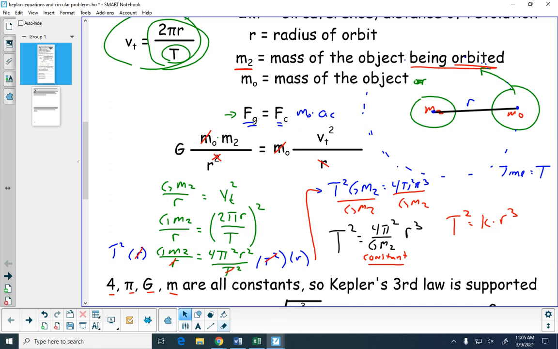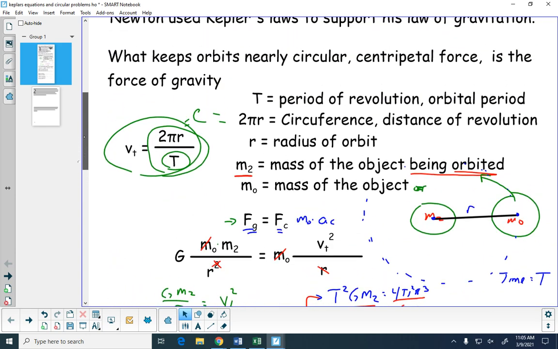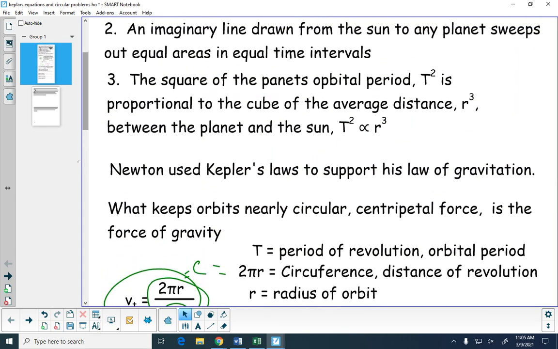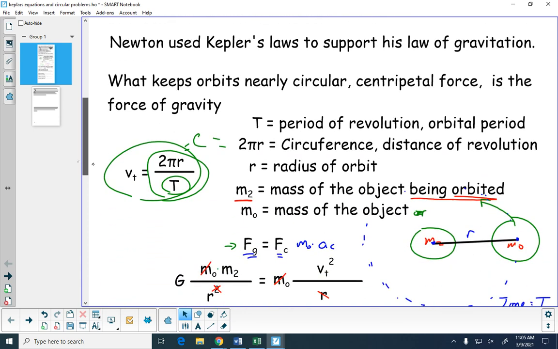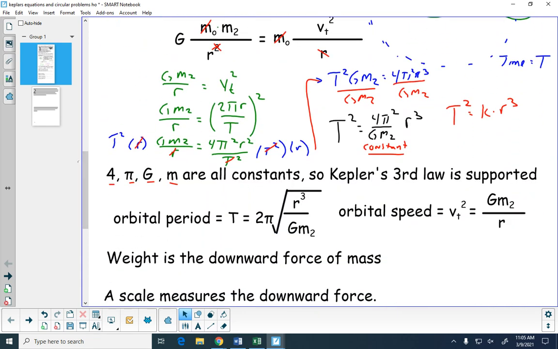Which now, if we take a look at our third law from up above, Kepler's law: the square of the planet's orbital period, T squared, is proportional to the cube of the average distance, r cubed, between the planets, which we just showed right here.